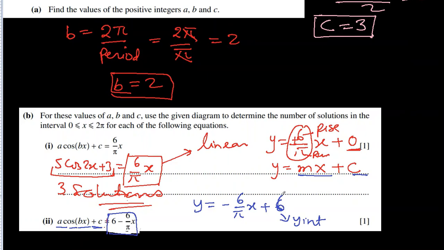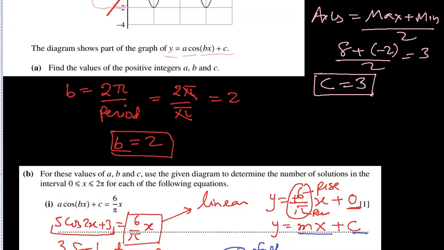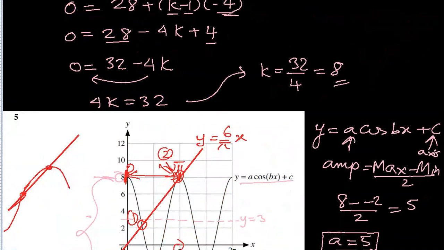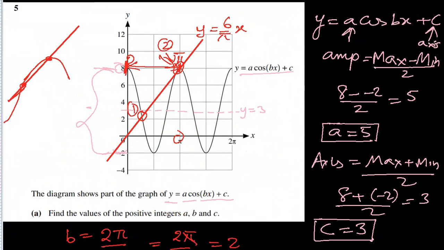That means our graph should cross the y-axis at 6. Then x is x, and this is the gradient but with a negative. That means this 6 is not a rise anymore, it is a fall. And this pi is the run, fall over run. Let me interpret this into the graph again with a blue color.